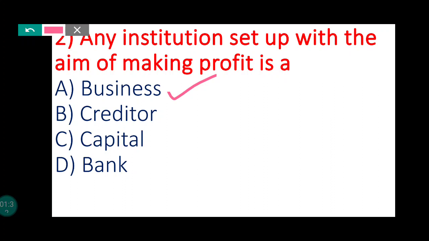Some other options are given, like creditor. What is meant by creditor? Creditor is a person to whom money is owed or payable for goods or services bought from him on credit. So the answer will be business.